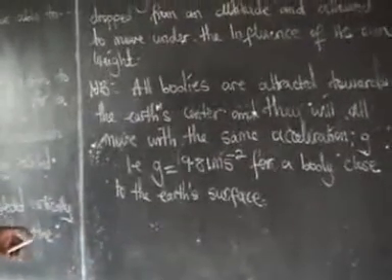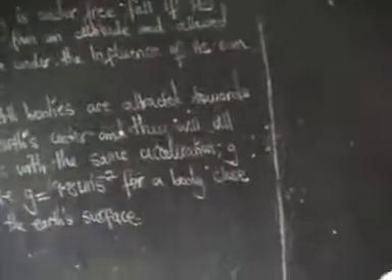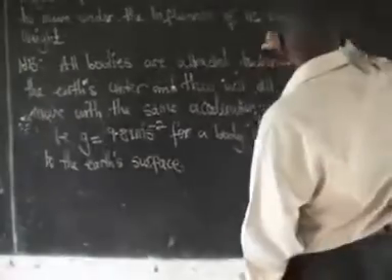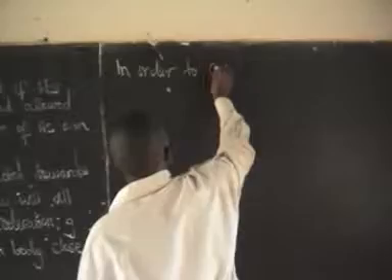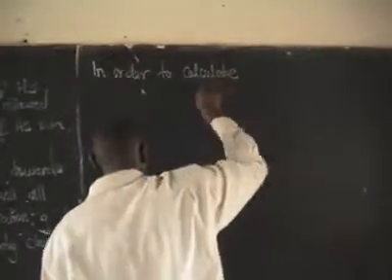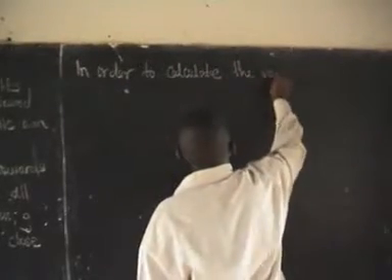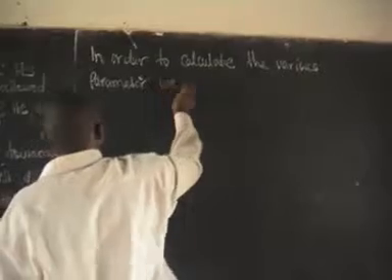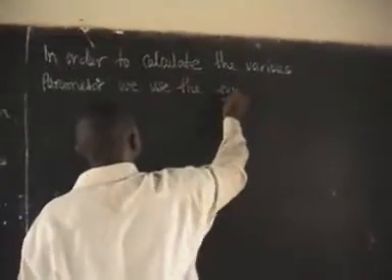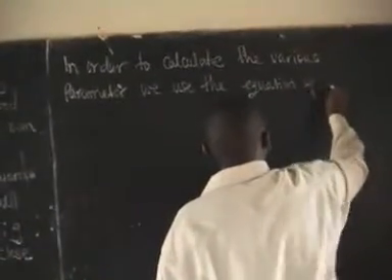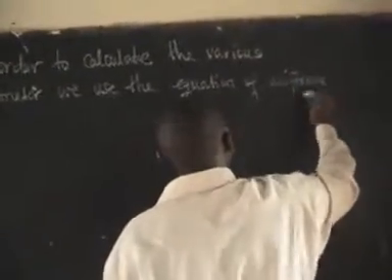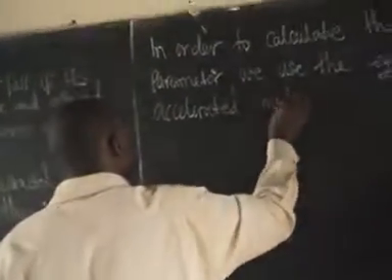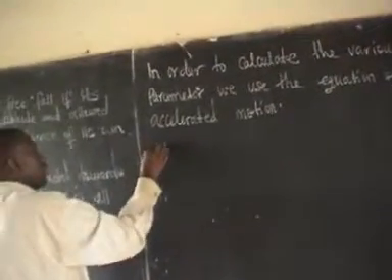So the equations that shall be used in calculating the various parameters are going to be the same as the equations of uniformly accelerated motion. So let's look at an example.